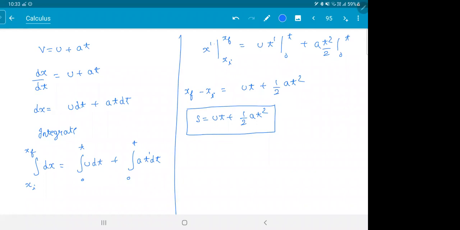Any steps on this? Any doubts? Copied. Next one. Turn the page. Any doubts on this page?